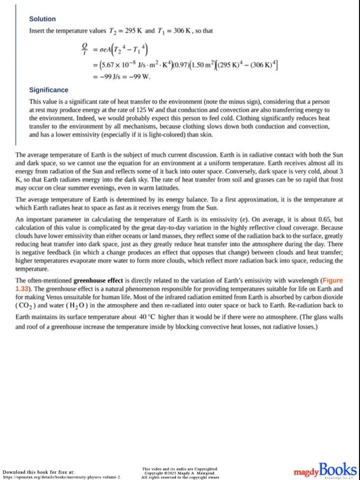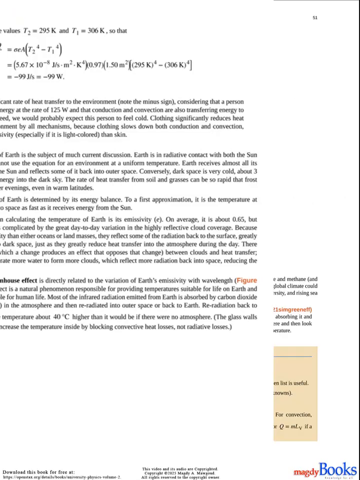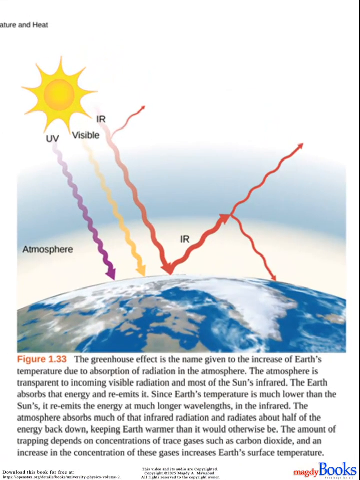Re-radiation back to Earth maintains its surface temperature about 40 degrees Celsius higher than it would be if there were no atmosphere. The glass walls and roof of a greenhouse increase the temperature inside by blocking convective heat losses, not radiative losses.